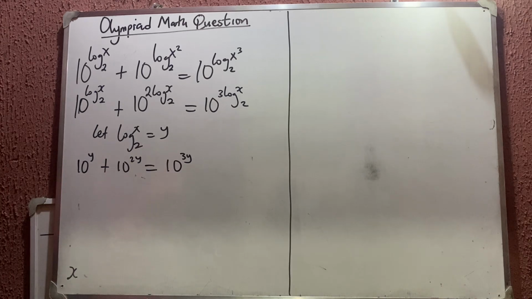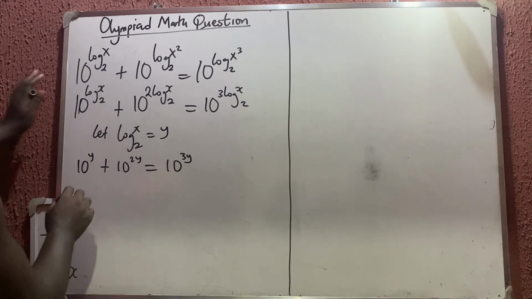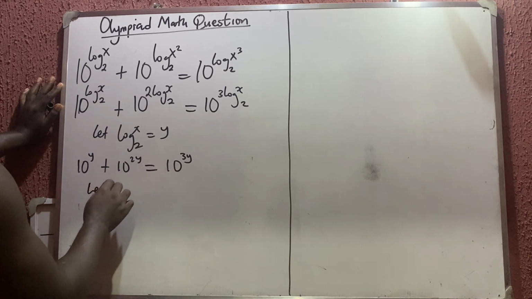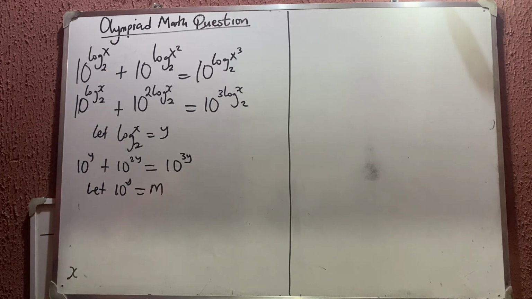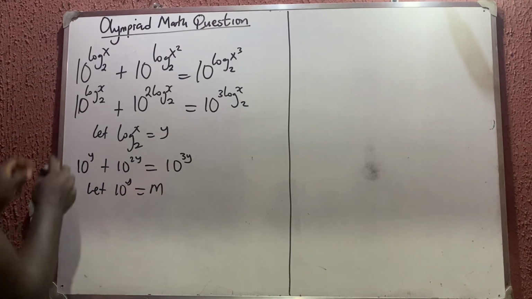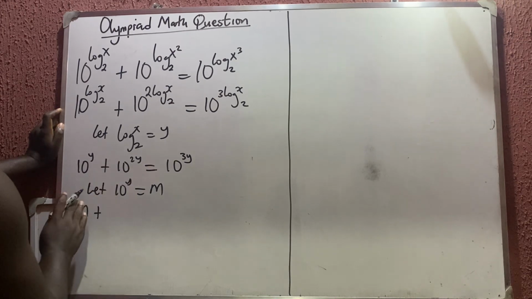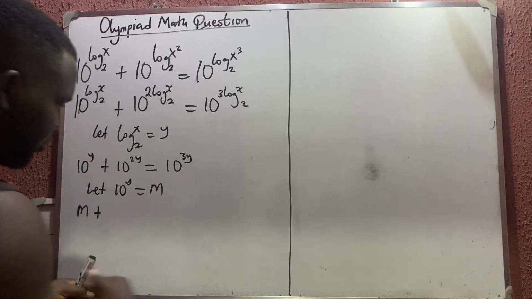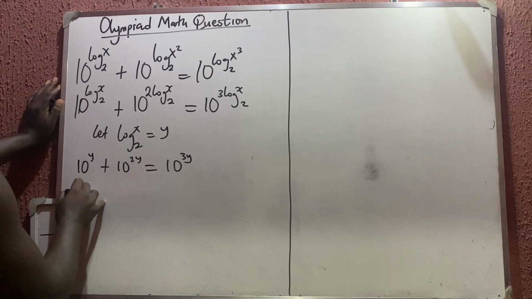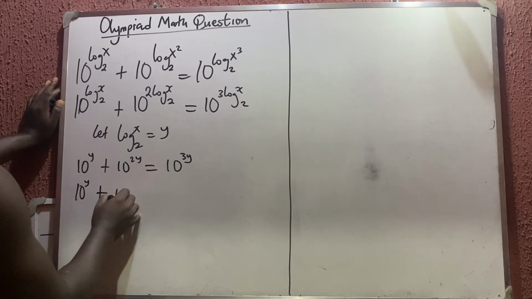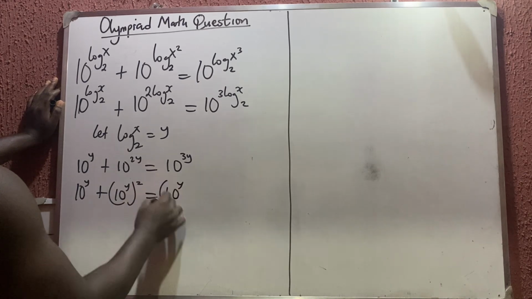Now, if you look at this very well, let 10 raised to the power y be equal to m. Anywhere I see 10 raised to the power y, I'll put m. Before that, I hope you know that this can be written as 10 raised to the power y all squared, and this is 10 raised to the power y all cubed.